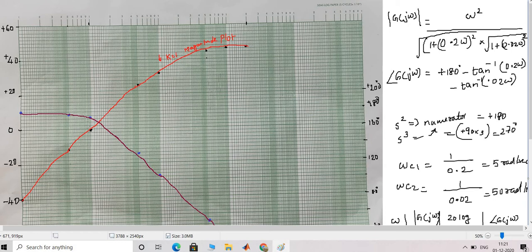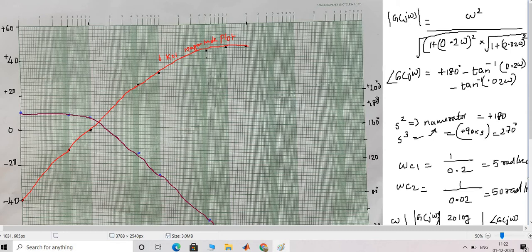But we have to find out the gain k where omega gc is equal to 5 radian per second. So the first step is we have to find out the value of gain when omega gc or omega is equal to 5 radian per second.